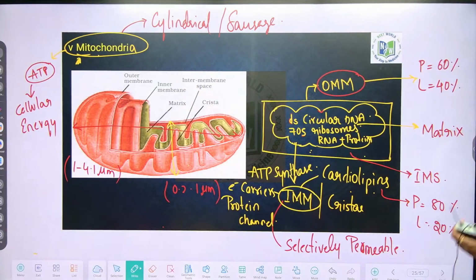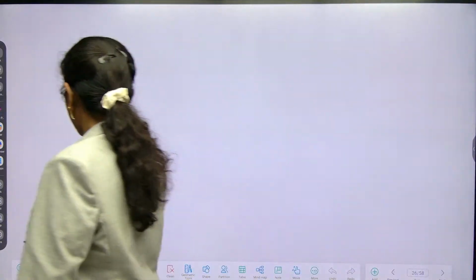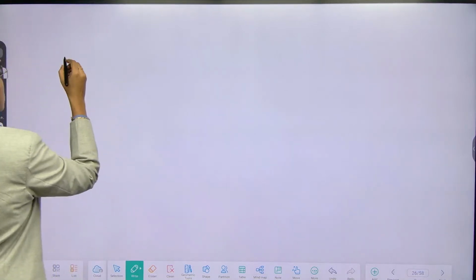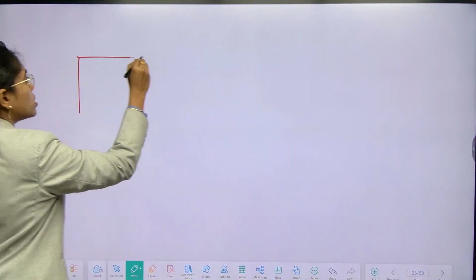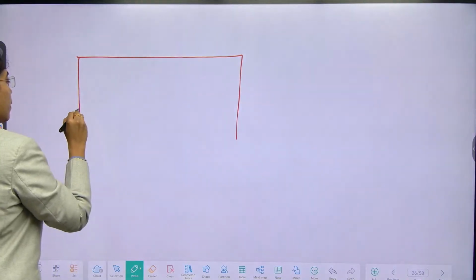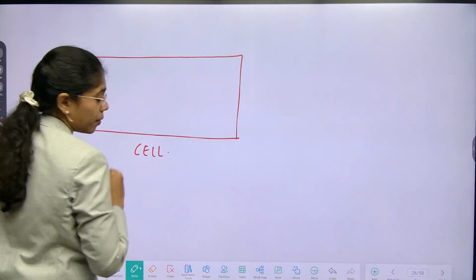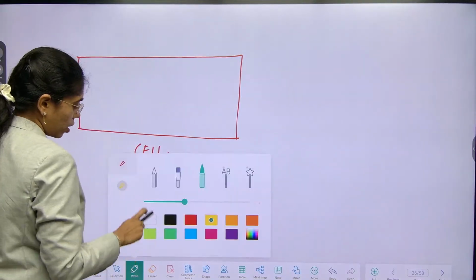If you are clear with this, once we will have a gist of aerobic respiration, like where the activities are happening. You are clear with this, right? We can move. Here you look. First, if I have to consider this as a cell, first glycolysis occurs.